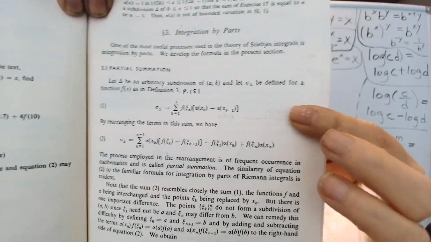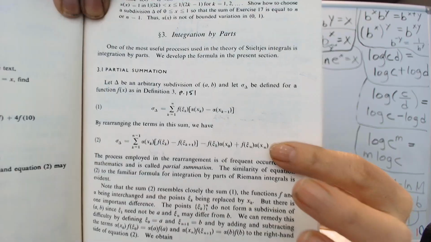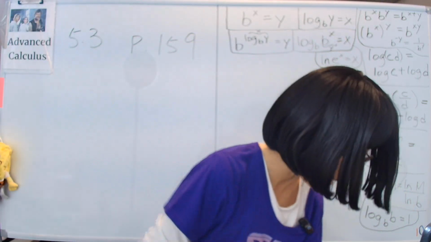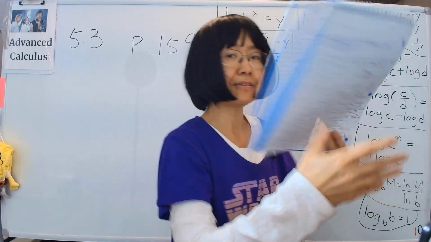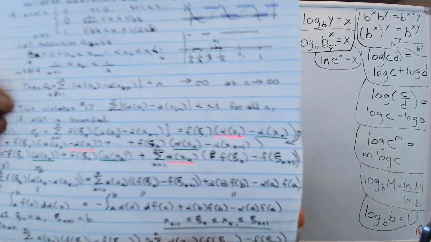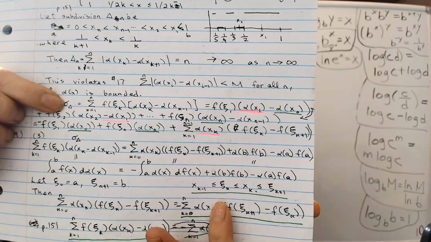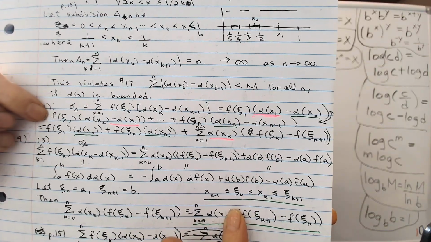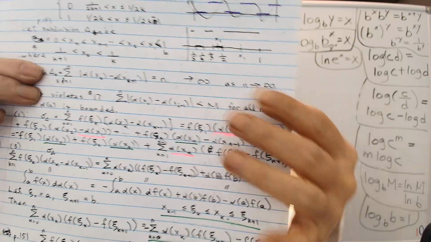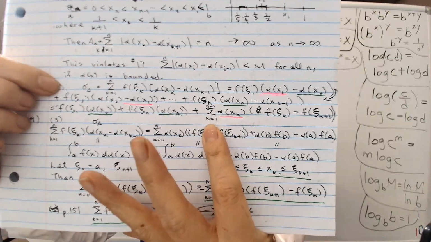The first thing we're going to do is rewrite this so that it looks like this. Please do this yourself, as I have done here. Let me show you what I did. The sigma delta, which I wrote out, is this, right? If you write the whole thing out, it will be the first term plus the second one, etc., all the way to the nth term. Now we're going to rearrange the terms.